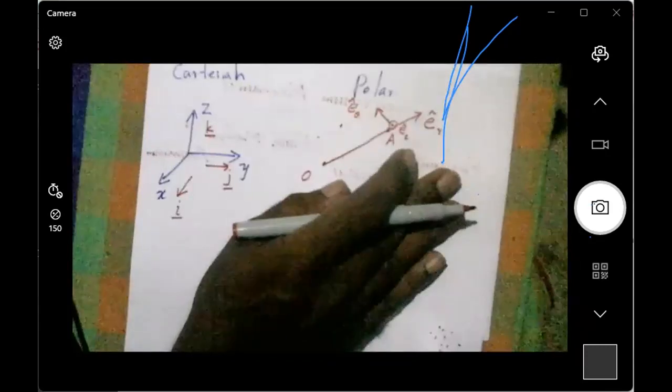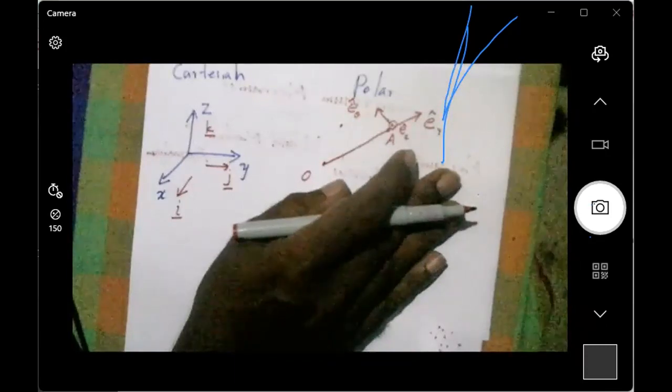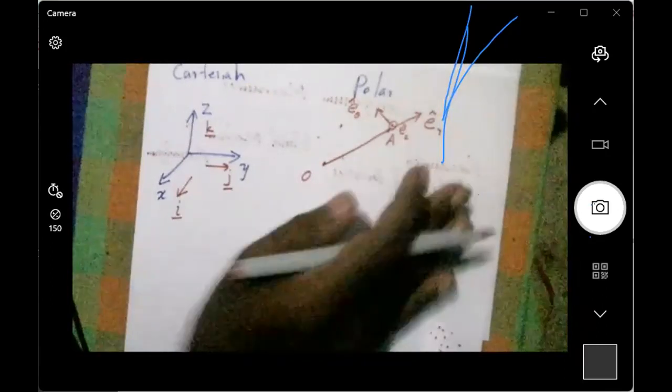So this one is a fixed system. In this one, the unit vectors change their orientation with the motion of the particle, right? Any questions? Fine.